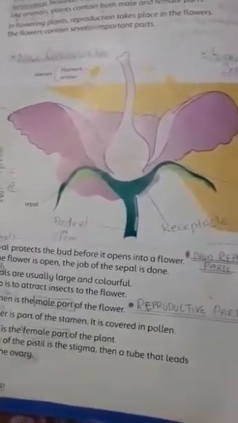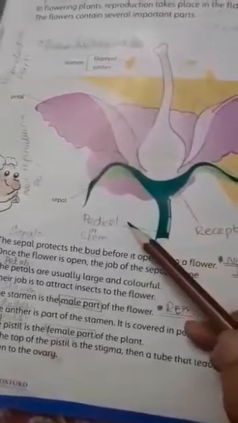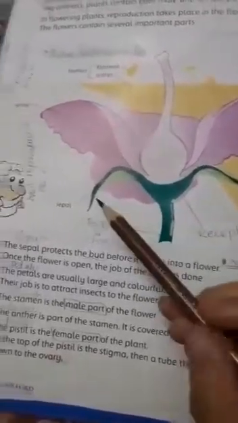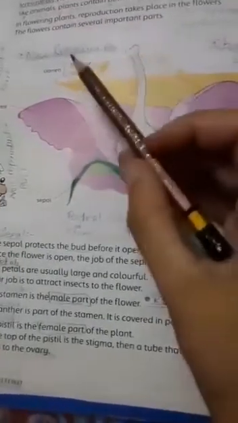There are two main parts of the flower: the non-reproductive part, which consists of pedicel, receptacle, sepal and petal, and the reproductive part of the flower, which consists of male and female parts.